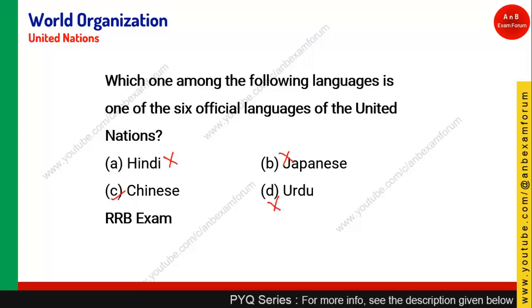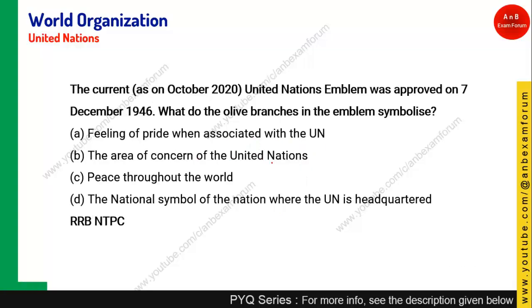As I told you, English and French are the working languages, whereas CARS, C-A-R-S: Chinese, Arabic, Russian and Spanish. All these are official languages of the United Nations. So the answer is C, Chinese. Chinese is one of the official languages.